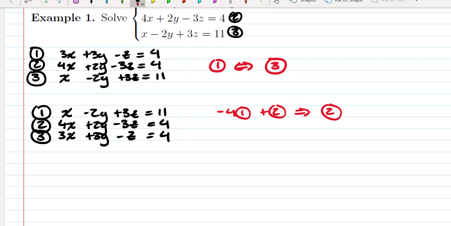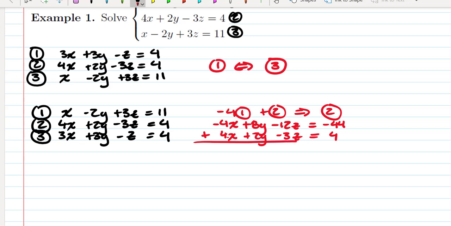So negative 4 times equation 1 is going to be negative 4x plus 8y minus 12z is equal to negative 44. Equation 2 is 4x plus 2y minus 3z is equal to 4. And I'm going to add those guys up.